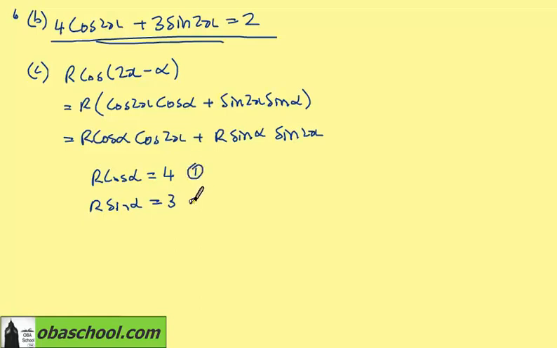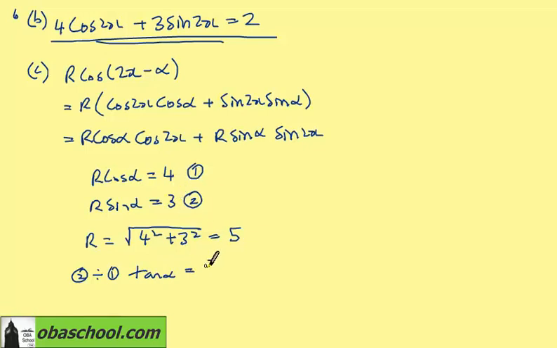These are simultaneous equations to solve. When we get to here, r is always equal to the square root of 4 squared plus 3 squared, or this number squared plus this number squared. So r is 5. If we do 2 divided by 1, r sin alpha over r cos alpha, the r's cancel, and sin alpha over cos alpha is tan alpha.